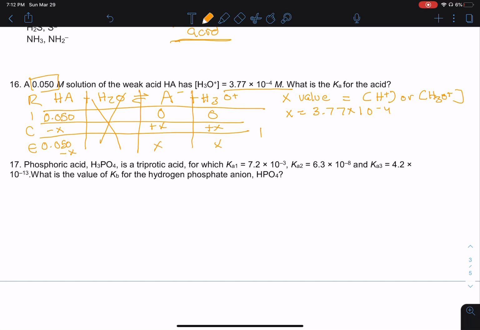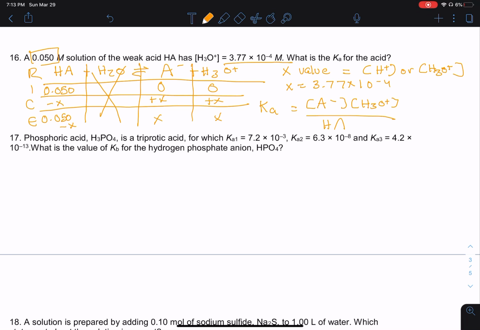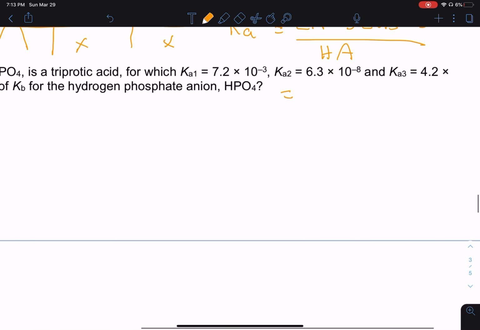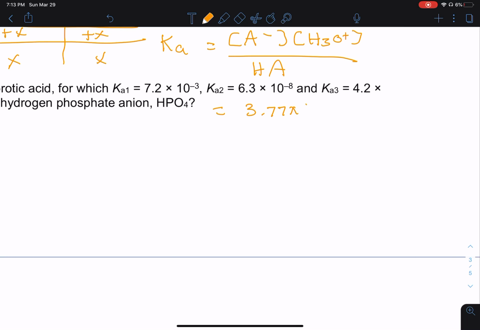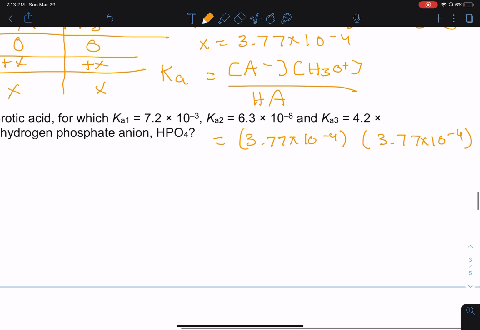In that case, Ka is A minus over HA. And I'll keep on writing here, and that means it is 3.77 times 10 to the negative 4 times 3.77 times 10 to the negative 4, because remember that is our values at equilibrium for the products, over 0.05 minus X. But remember, I'm sure Dr. Jing went over this, we neglect the X in here because it is a small value.